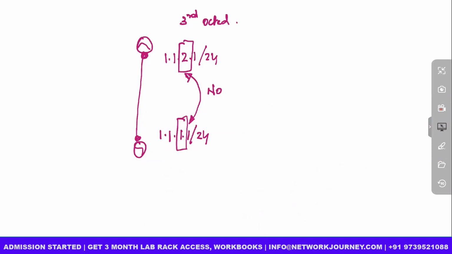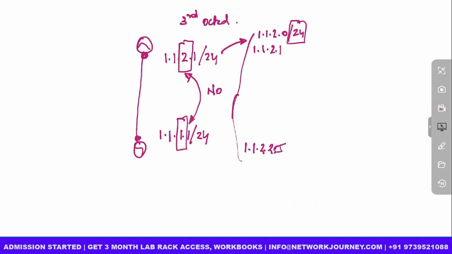I mean, if we try to elaborate this, this belongs to the family 1.1.2.0/24, which has 1.1.2.1 till 1.1.2.255. Correct? This is one family because it's a part of /24.